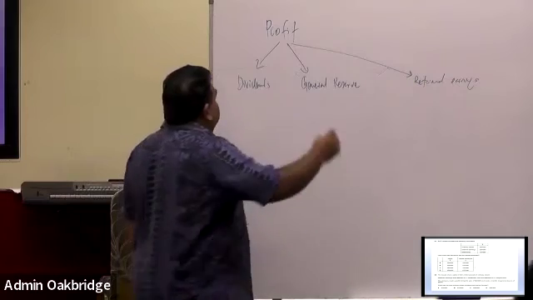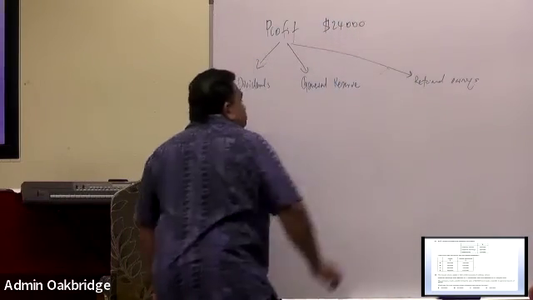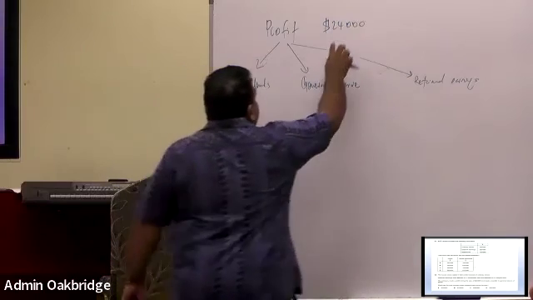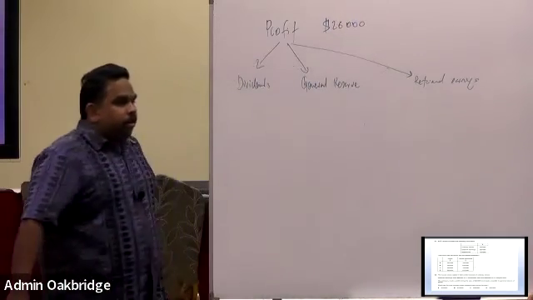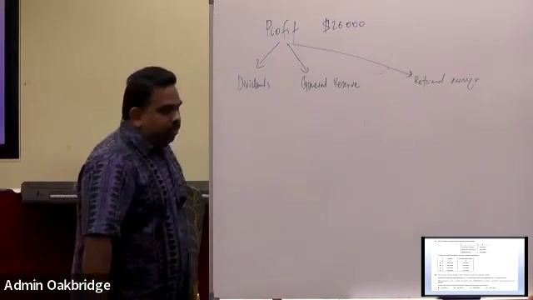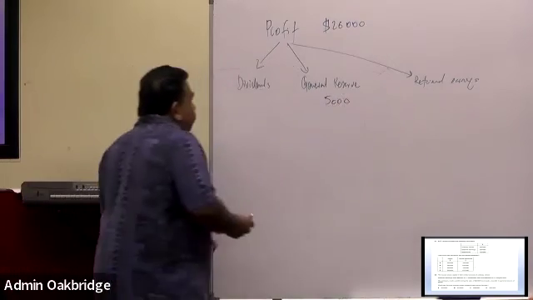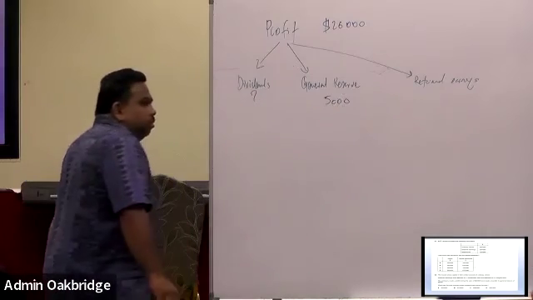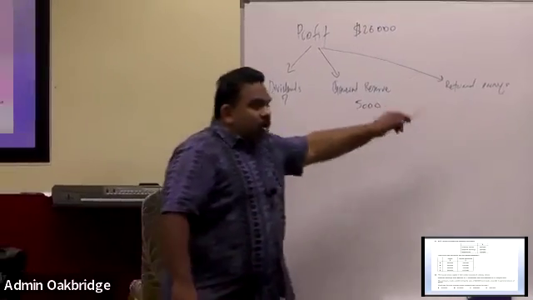Now how much was profit? 26,000. How much did they transfer to general reserve? 5,000. Now we want to find out what is this. Correct or not?